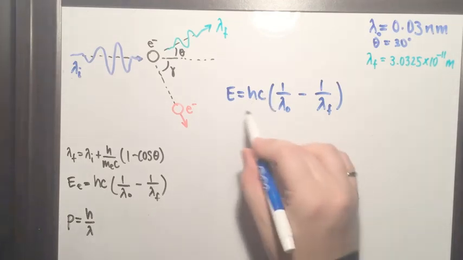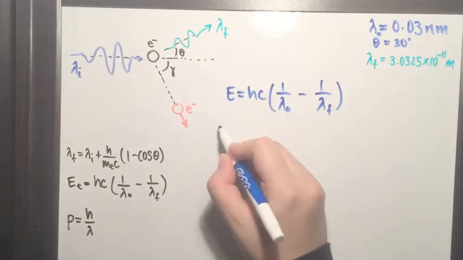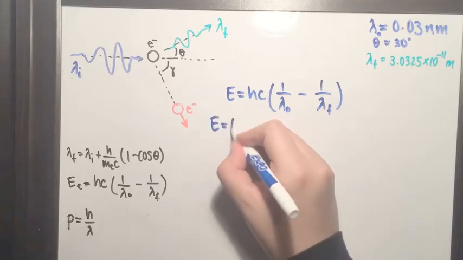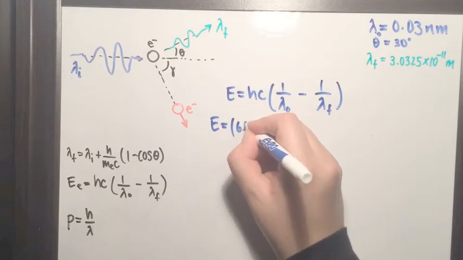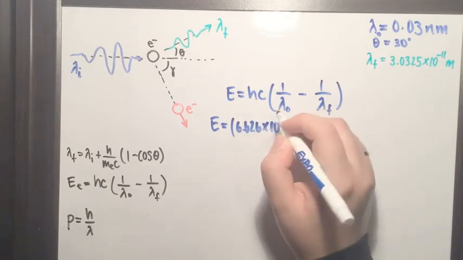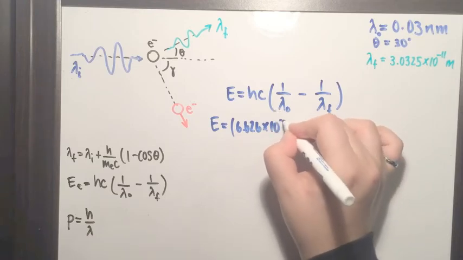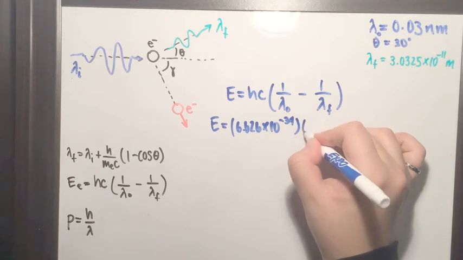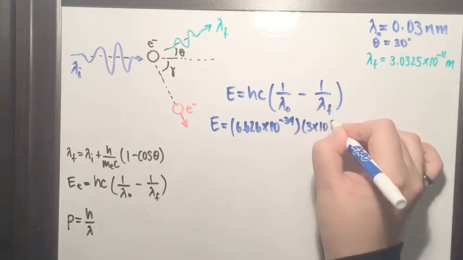Here again we have all these parameters, so we can go ahead and plug them in. E is equal to 6.626 times 10 to the negative 34 times 3 times 10 to the 8.